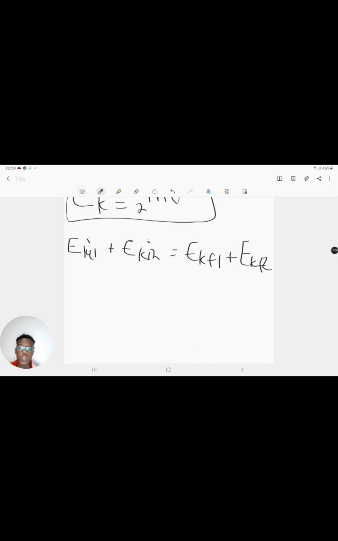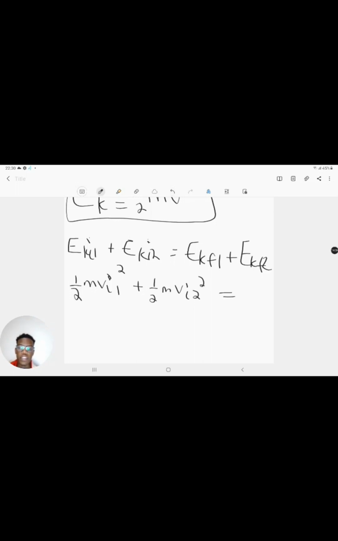So we keep the energy the same before the collision and after the collision. For each one of these terms, we substitute half mv squared. For ball number 1, we've got half, m for ball number 1, VI, the initial velocity for ball number 1, squared. Then for ball number 2, we've got half, the mass of ball number 2 is just m, then the initial velocity for ball number 2 squared.